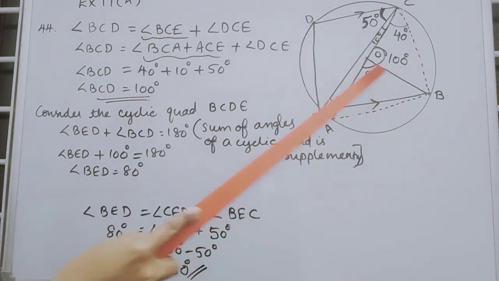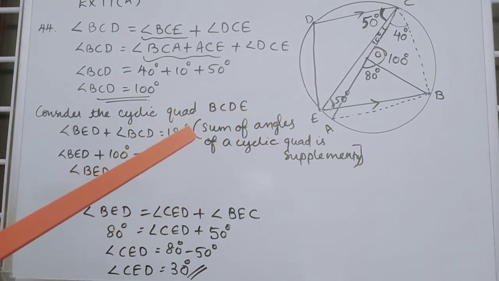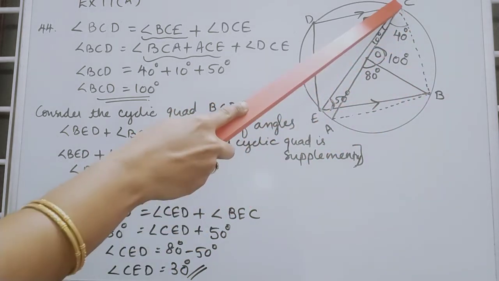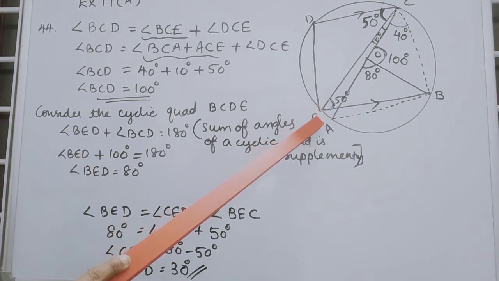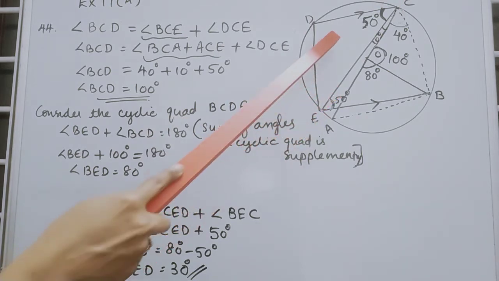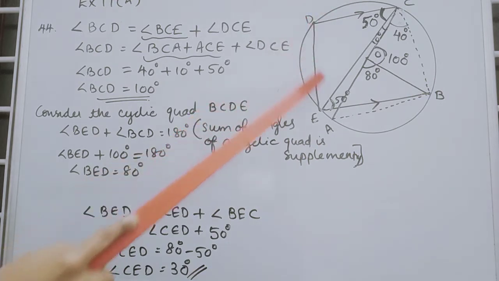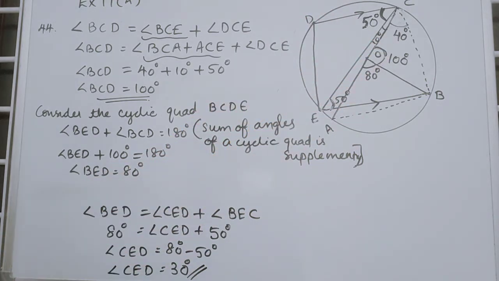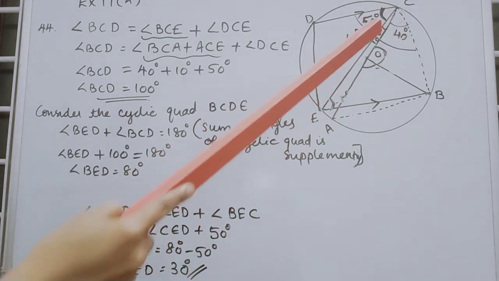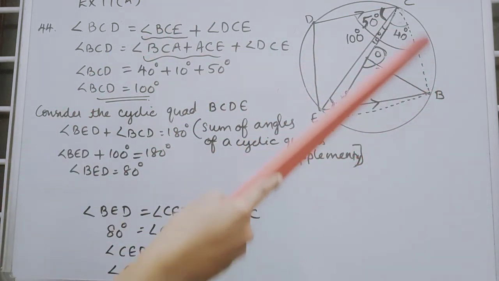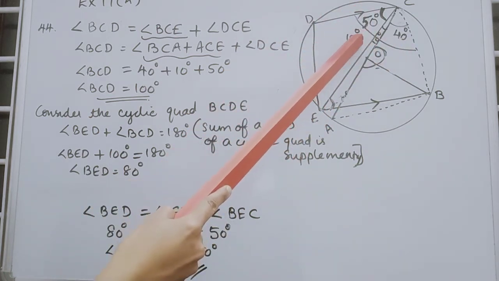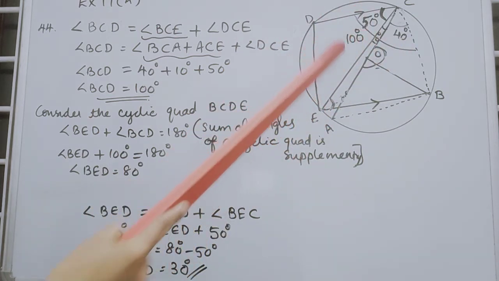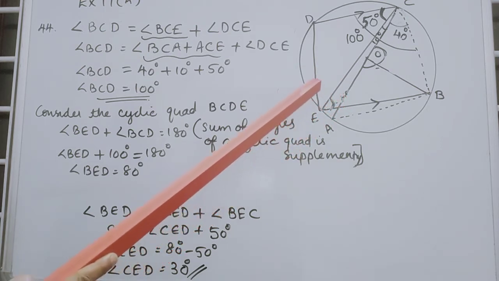Okay. Then consider the cyclic quadrilateral BCDE. I am rubbing all the measured angles, after that we can discuss. Consider the cyclic quadrilateral BCDE. BCD is 100 degree.